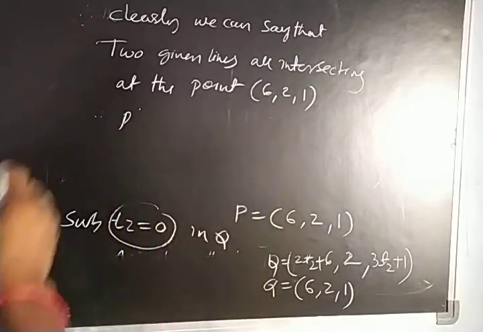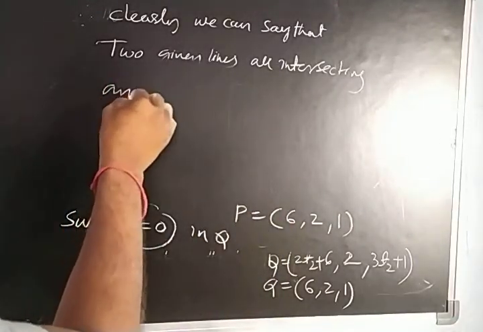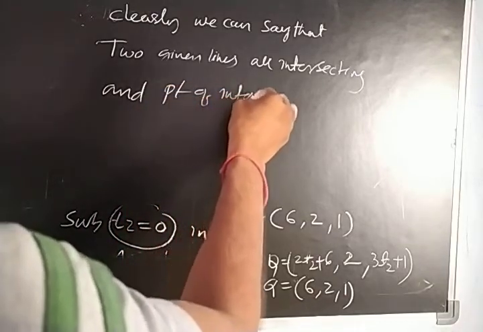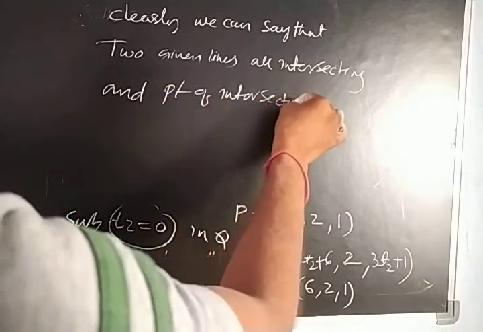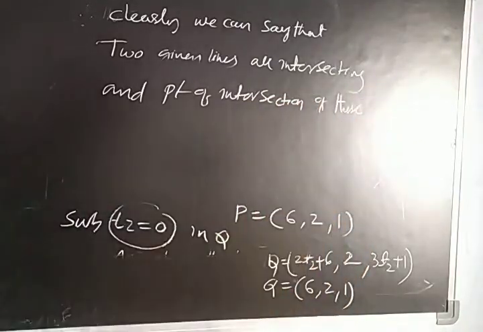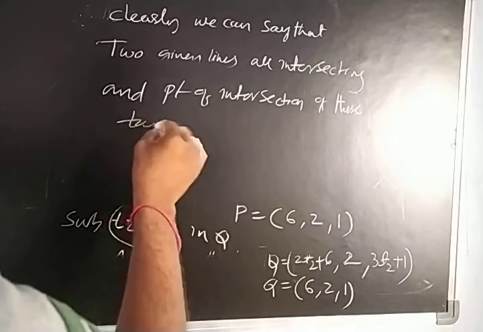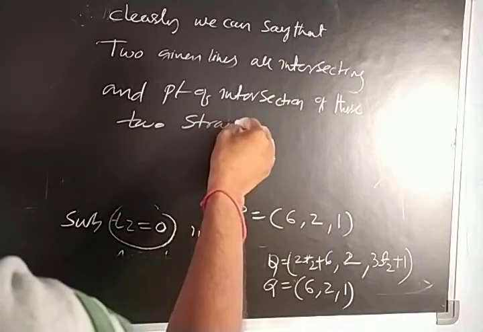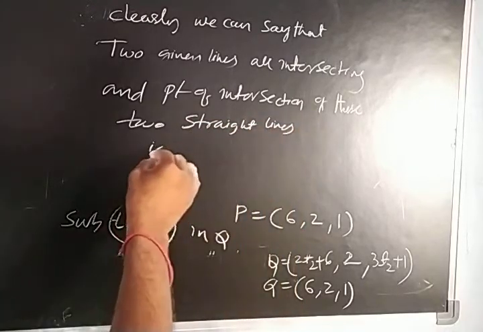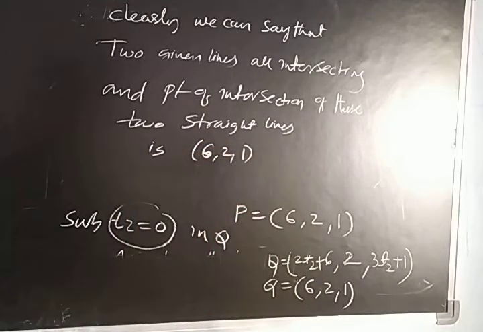Here we can say that the two given lines are intersecting, and the point of intersection of these two straight lines is 6, 2, 1.